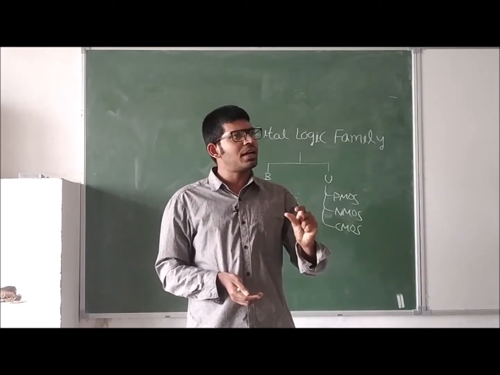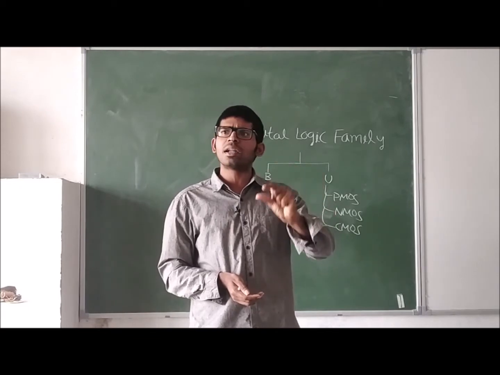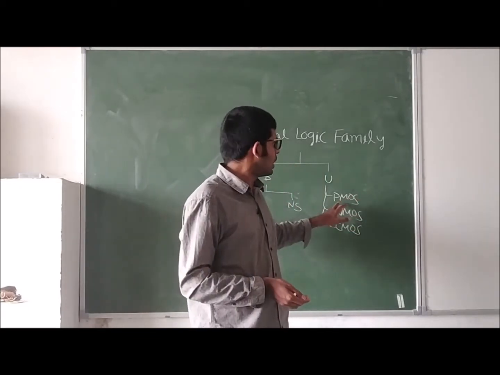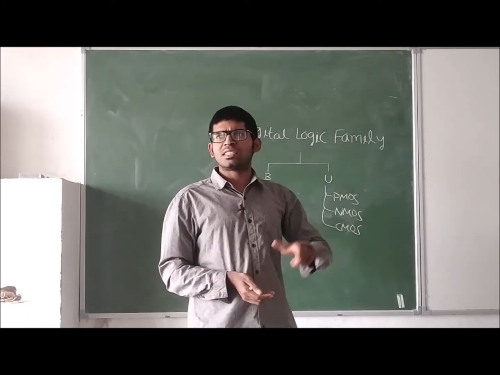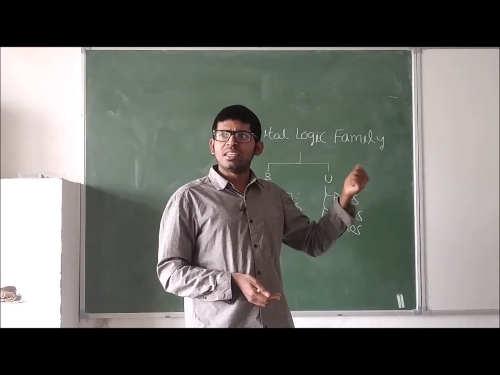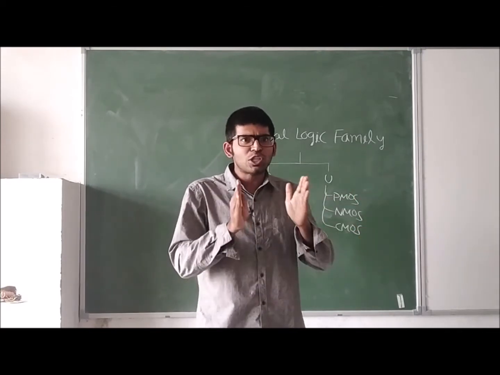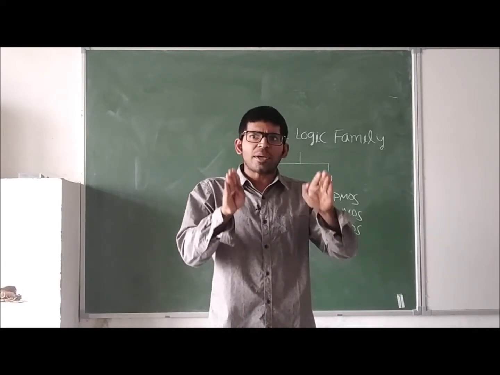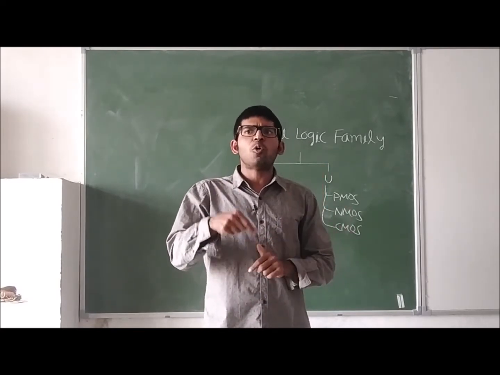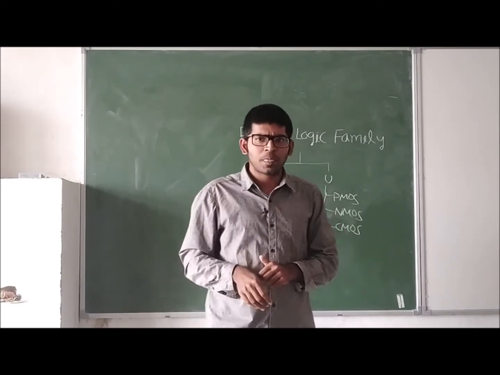If our AND gate, OR gate, NOT gate, NAND gate or NOR gate is made using unipolar technology, then this technology uses only majority carriers to give the output either 5 volts or 0.